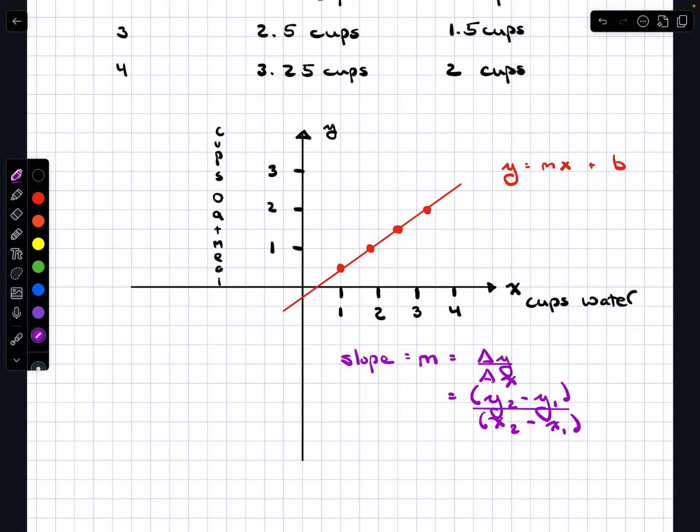That's really important, and we're going to see that later this semester. So always, always, always, pick points on the line, not data points.